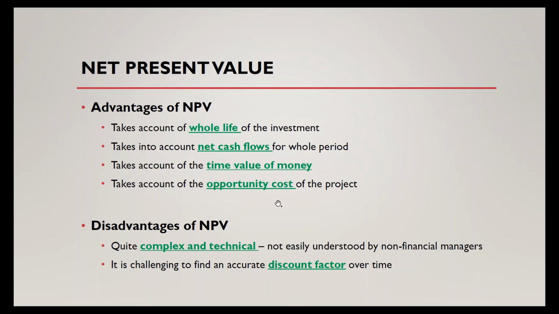The disadvantage of the NPV method is that it's relatively complex and technical to calculate. It can also be slightly challenging to explain to somebody who is not an accounting or finance major. Another challenge for the net present value is that it's relatively difficult to find an accurate discount factor for the future.